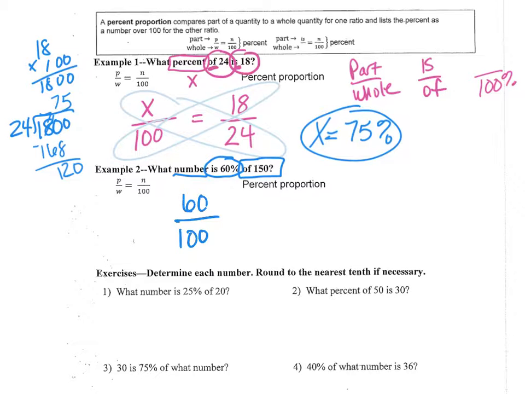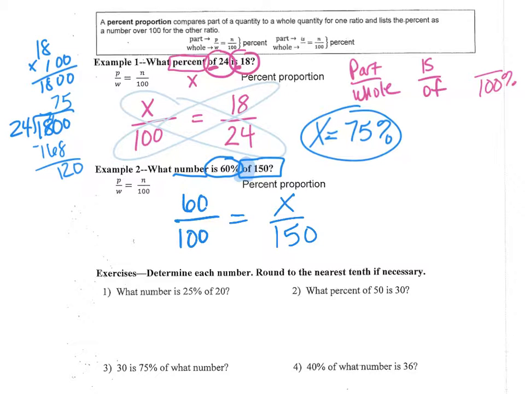They're saying 60% out of 100 whole. So they're asking what 60% of something. Yeah, so we're looking for what number is 60% of 150. So they gave me that word of. Where does 150 go? At the bottom. Good.